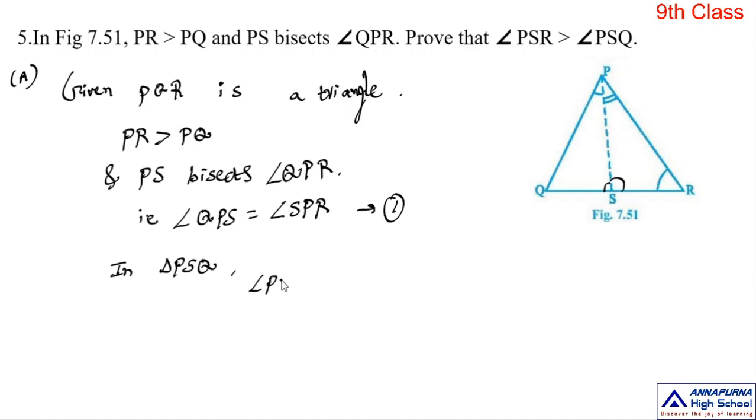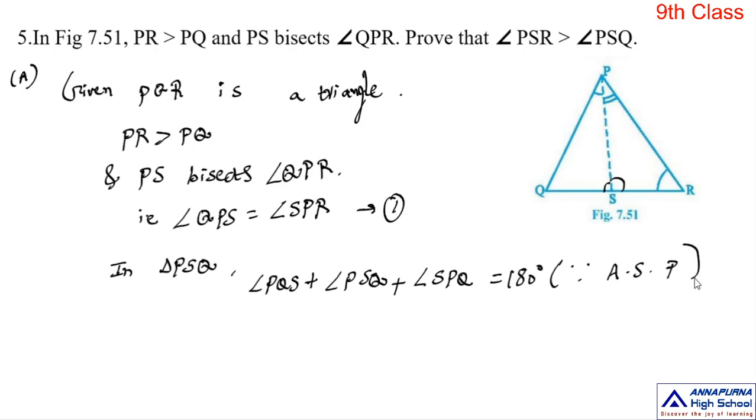So angle PQS plus angle PSQ plus angle SPQ is equal to 180 degrees, by using the angle sum property. What is the meaning of ASP? Angle sum property.